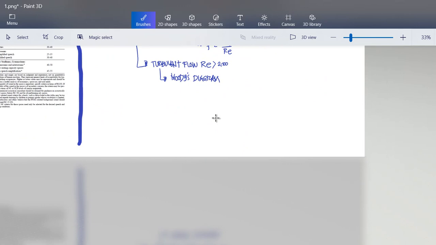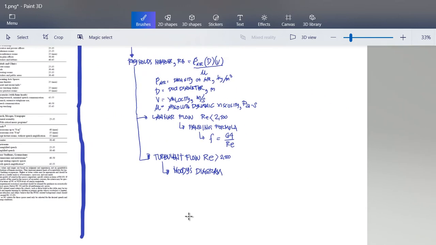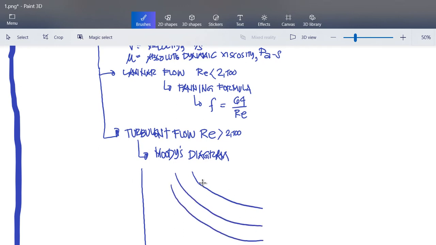So for the Moody's diagram, I will upload that also. This is what the Moody's diagram looks like, a chart with the curves.